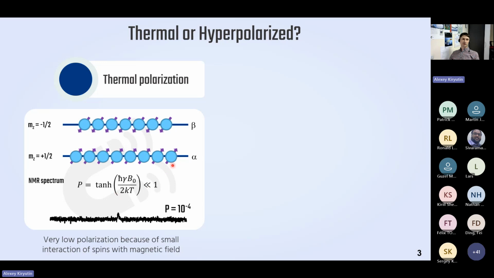As a result, we have tiny energy splitting between levels of spin states alpha and beta, and consequently very low thermal spin polarization. At standard conditions, like a room temperature and magnetic field about 10 Tesla, we have only 0.01% of polarization. By NMR, we detect only difference between energy levels, populations.